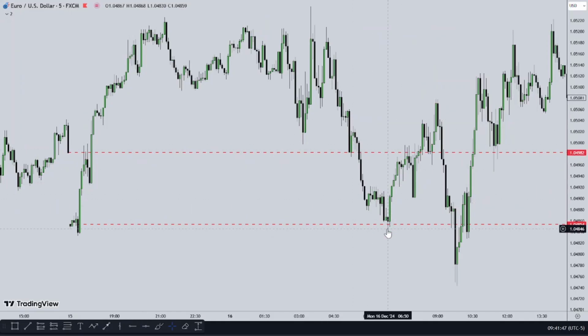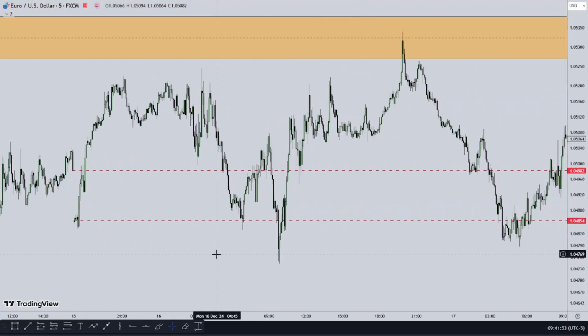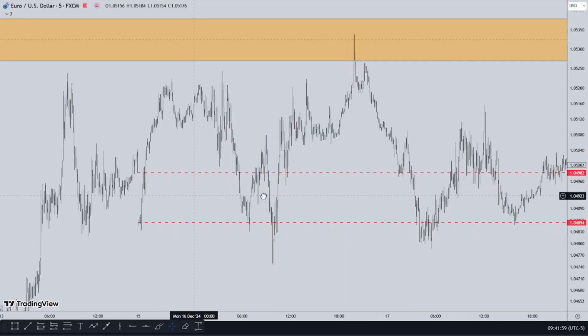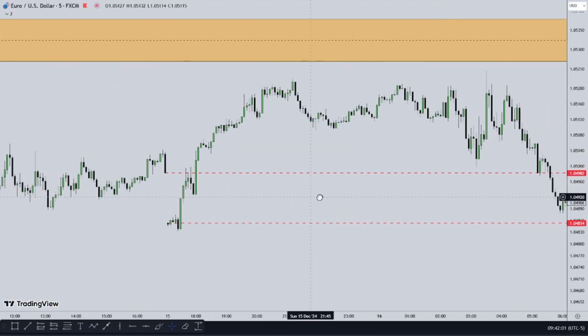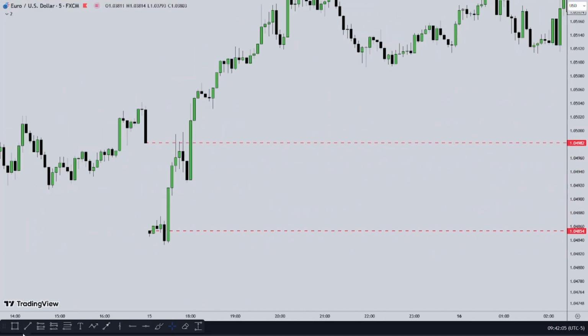Fill the range again, reacted from the range, came back to run through the range. It's going to be like a stormy block, which in a further module or lecture I'm going to explain more, on how to use areas like this and what to expect when price trades to a new week opening gap. Now you use a horizontal to identify it.